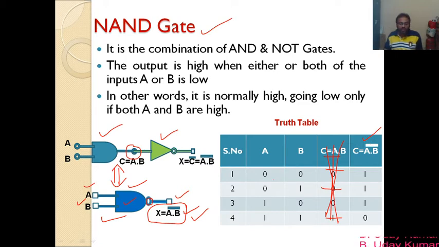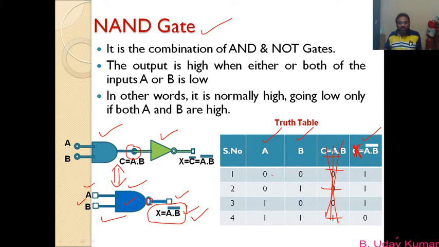So now A and B are the inputs of the NAND gate, and in place of C you can write X here, not C. It's a printing mistake, please check it. X becomes the output of the NAND gate.